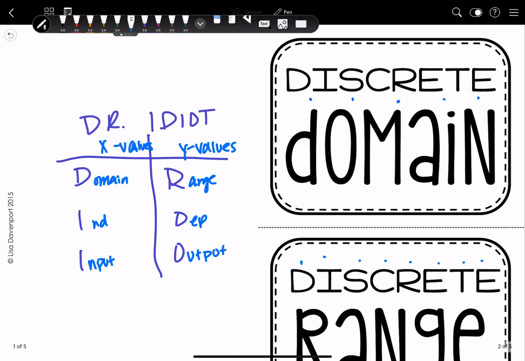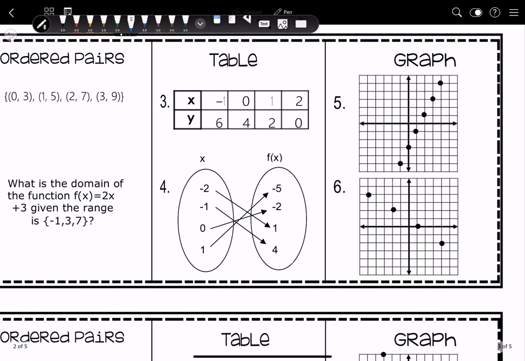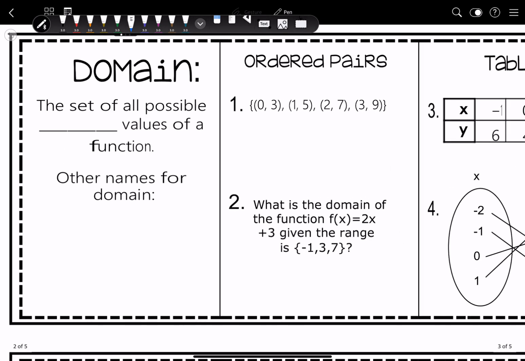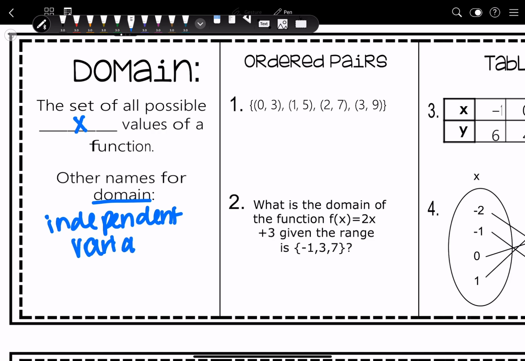All right, so let's talk about domain first. The domain is a set of all possible x values of a function. Now remember, the other names for domain are independent variables and your input.